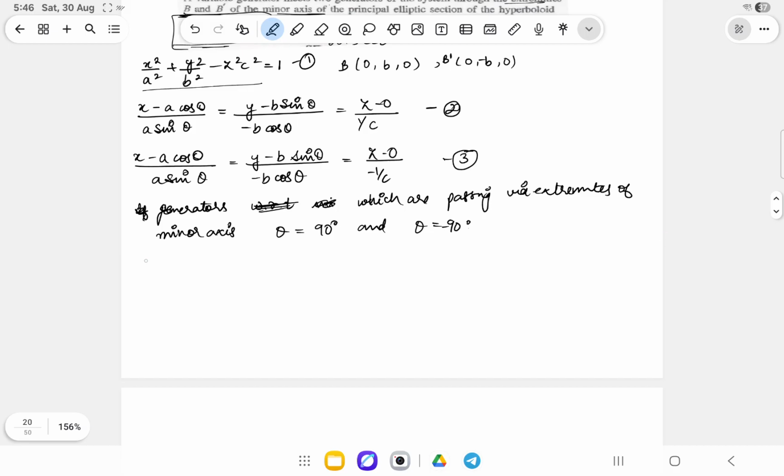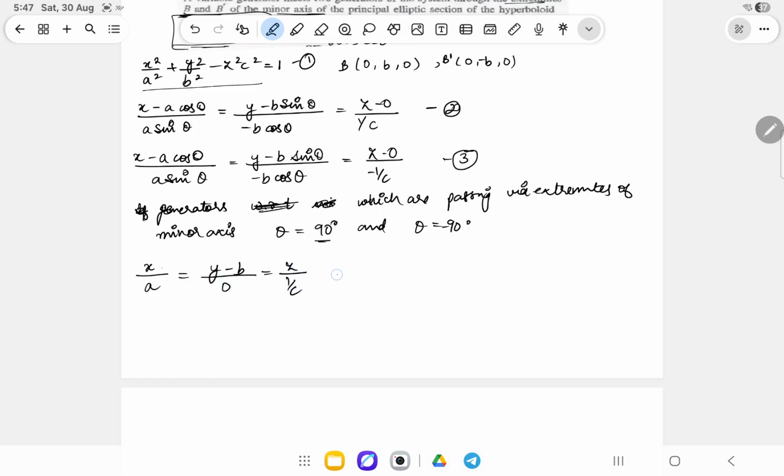So the equation of the generator when theta is 90 degrees will be basically (x minus cos 90, which is 0) divided by a is equal to (y minus b) by 0 is equal to z upon 1 by c.